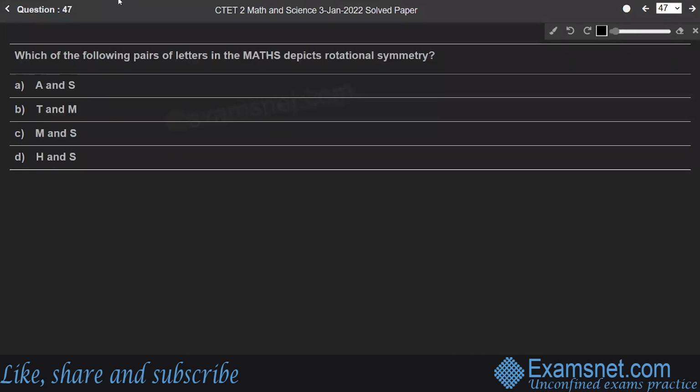Question number 47. Which of the following pairs of letters in the maps depicts rotational symmetry? Okay, here M, A, T, H and S. So the letter M has only vertical line of symmetry. What is vertical line of symmetry? It is the axis of the shape which divides the shape into two identical halves.